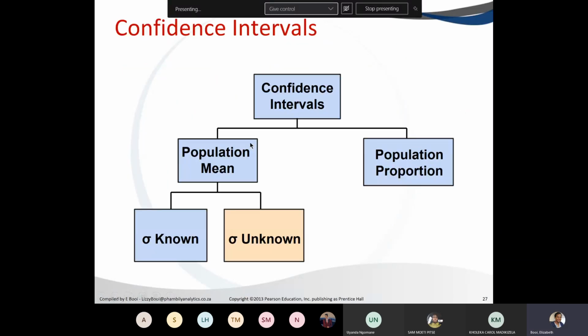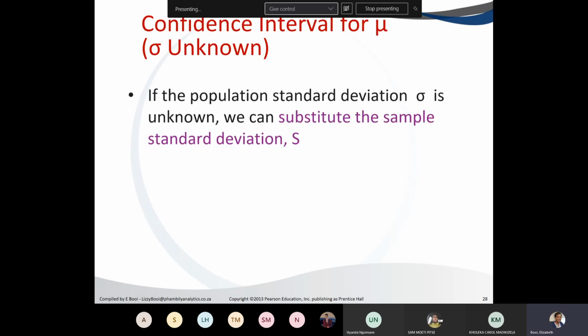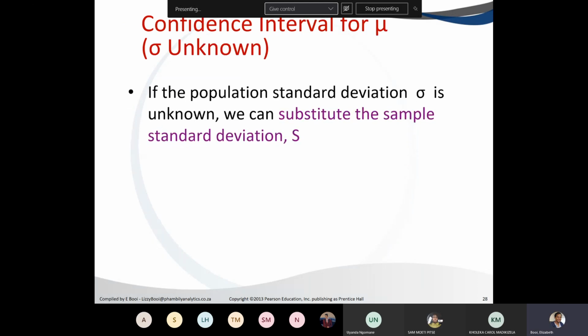When the population standard deviation is unknown, it means they give us the sample standard deviation. With that as well, there are a couple of assumptions that need to happen. When the population standard deviation is not given, we're given the sample standard deviation, the sample statistic s.